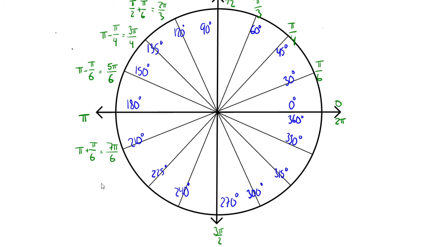Like that. 225 degrees is going to be pi plus pi over 4, which is going to be 5 pi over 4.